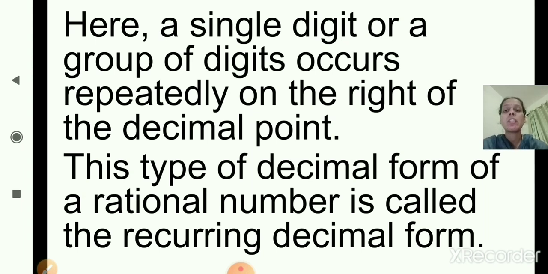And in the previous session we have studied the terminating decimal form, where we are getting 0 as the remainder. Hope you remember that terminating decimal form means at the end we are getting 0 as the remainder. And in this type of decimal form, where a single digit or a group of digits occurs repeatedly to the right of the decimal point, that is called the recurring decimal form.